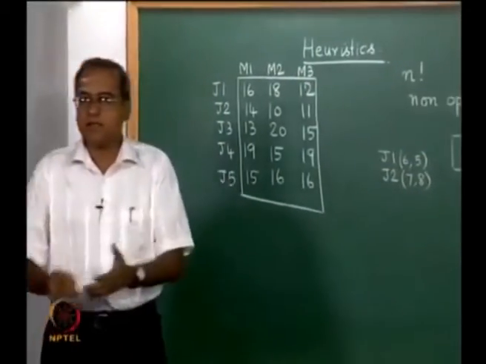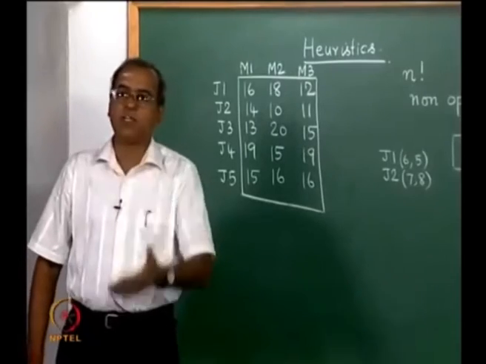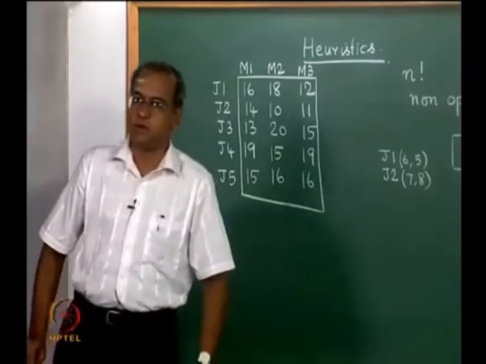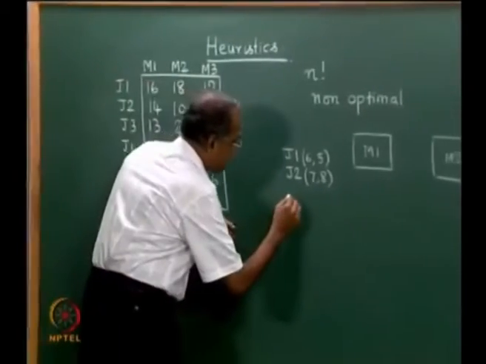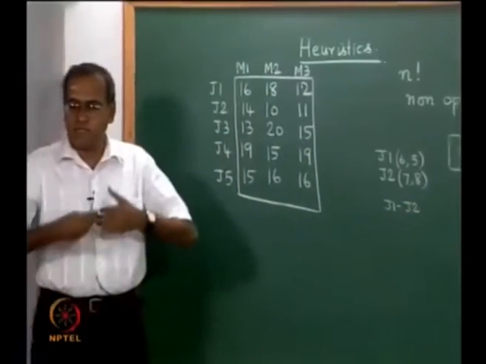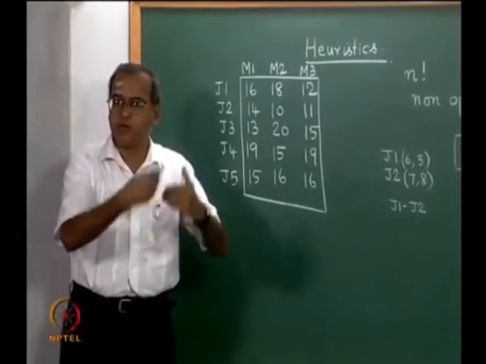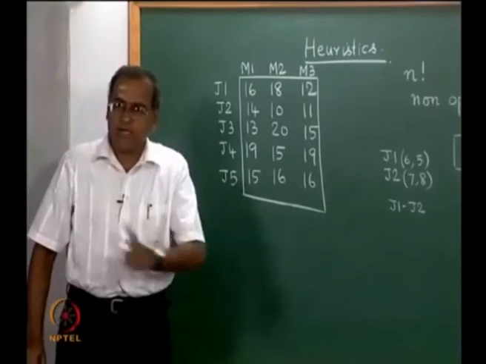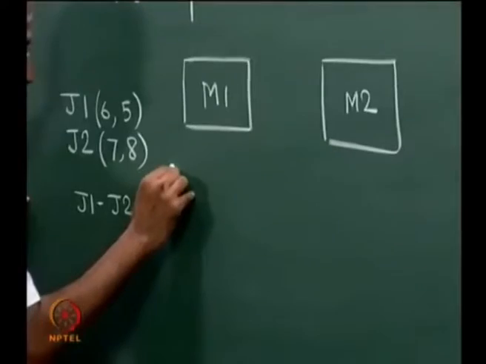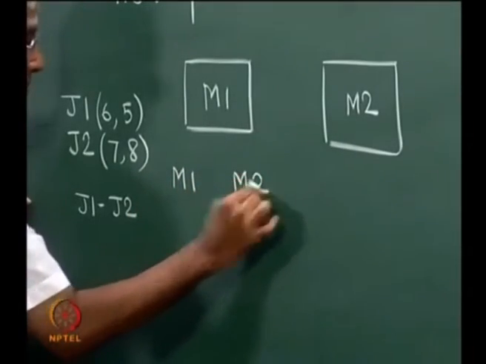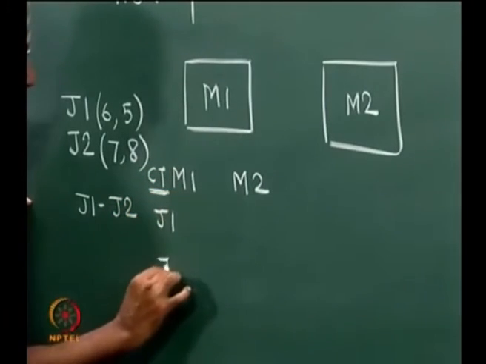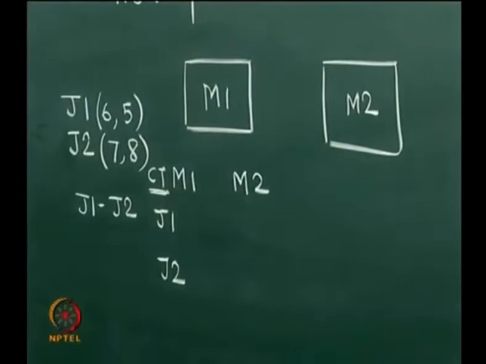We have already seen the computation of the completion times and the makespan, but let us revisit that aspect once more. If we consider the sequence J1, J2, which means job J1 goes first followed by J2, we compute the completion times on M1 and M2 for J1 and J2.